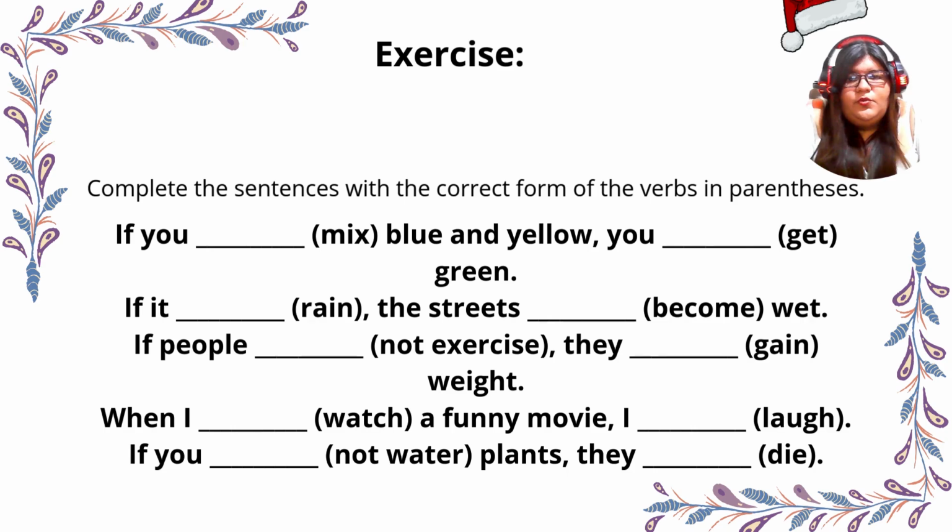If you don't water plants, they die. I can say they will die because remember that I can use the auxiliary verb will of the future. So be careful with those details, guys. And I don't know the other answers. You know it. I don't know.